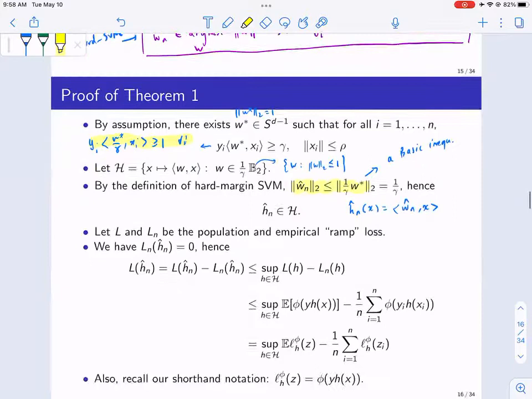So now we repeat the process that we went through trying to prove bounds on excess risk. So here, L and L_n are the population and empirical losses based on the ramp loss. The first thing that we note is that the empirical loss of h hat n is 0. Okay, so this is the first observation.